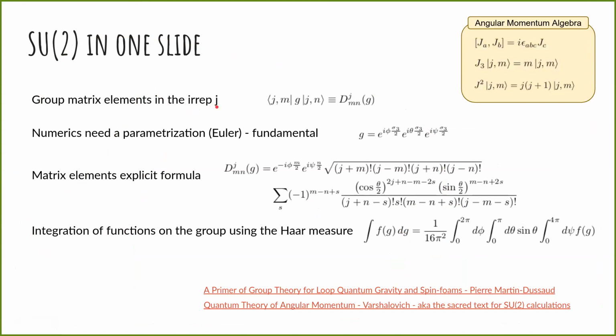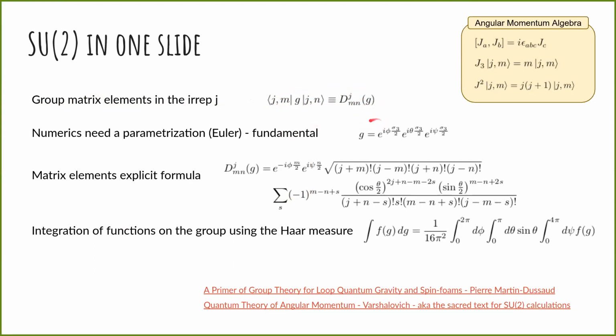You know very well that irreducible representations of SU(2) are given by spins. I will denote with d^j(g) the group matrix elements, the matrix elements of the group element g in the representation j between the states |j,m> and |j,n>.